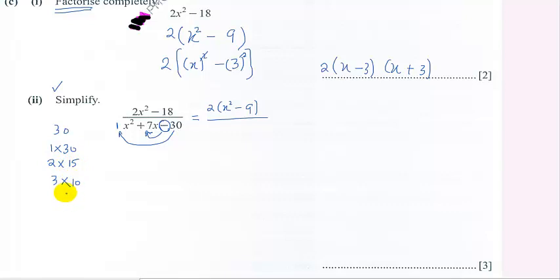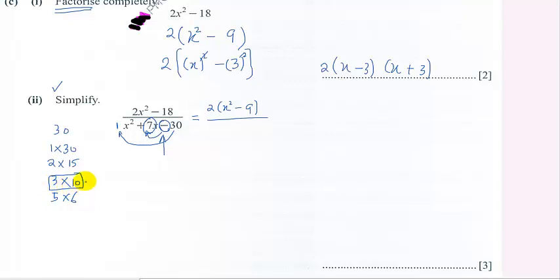Is there any other number? 4, no, 5. 5 times 6 is 30. So these are the factors. Now check, if we subtract, we will get plus 7. So yes, this is the pair of factors. If we subtract 10 minus 3, it is 7.